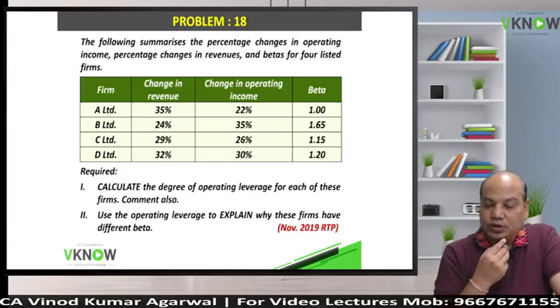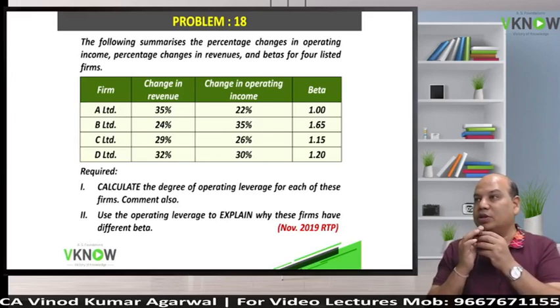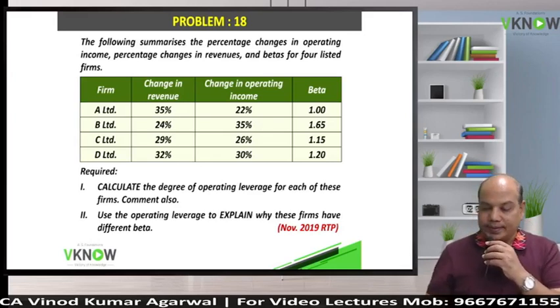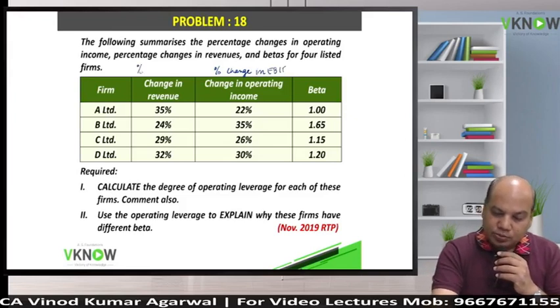The following summarizes the percentage change in operating income. Percentage change in operating income means percentage change in EBIT. So this is percentage change in EBIT column. This column is percentage change in sales column.